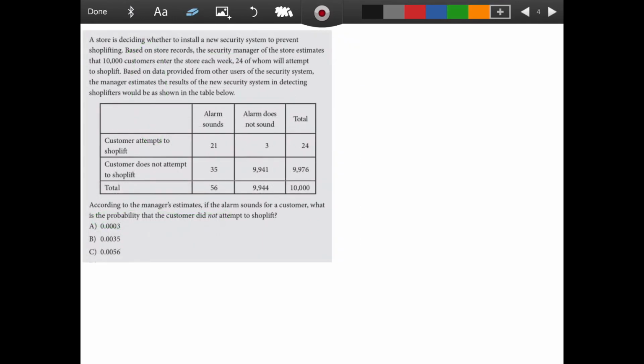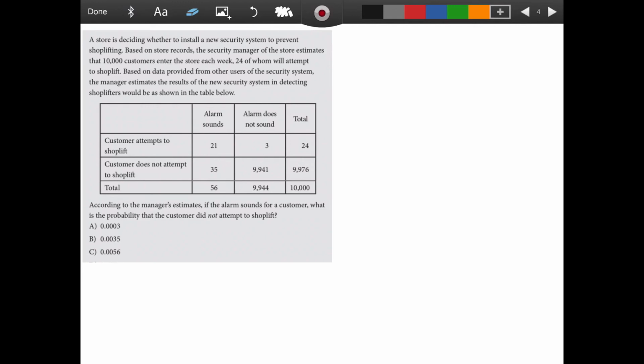At the beginning of the video, I did mention that there's a lot of overlap between ratios and functions and statistics. So here, if you read the problem, we have a security manager at the store estimating the number of shoplifters and the people who do not attempt to shoplift. According to the manager's estimates, if the alarm sounds for a customer, what is the probability that a customer did not attempt to shoplift?